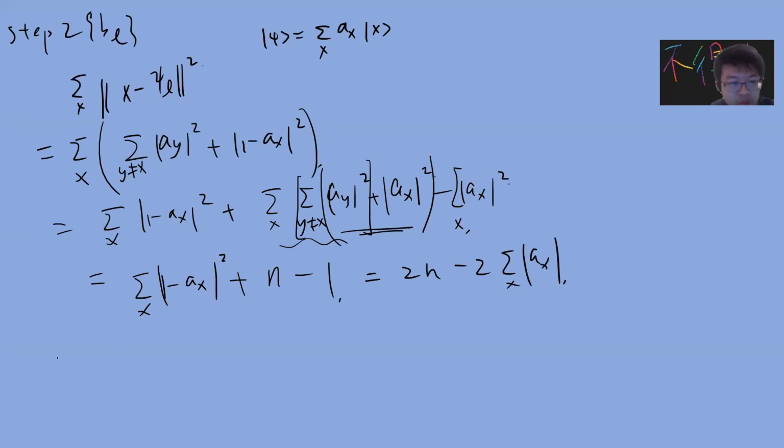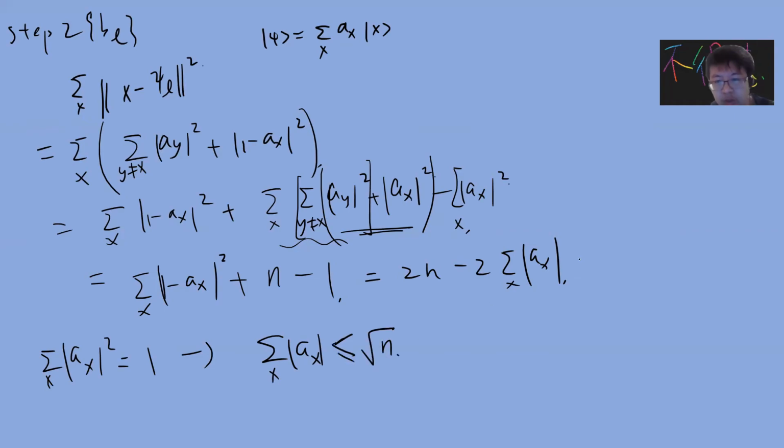And then using Cauchy-Schwarz, since I know that the sum of ax squared is 1, I get that the sum is less than or equal to the square root of n, where this is capital N. So I get these terms are greater or equal to 2n minus 2 square root of n.